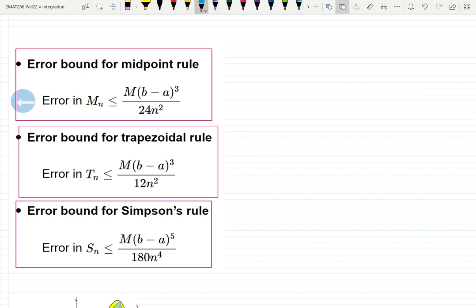Final thing to mention in your notes is that the error bound for midpoint rule also includes this M, and M for both trapezoidal rule and midpoint rule uses the second derivative, absolute value of the second derivative.